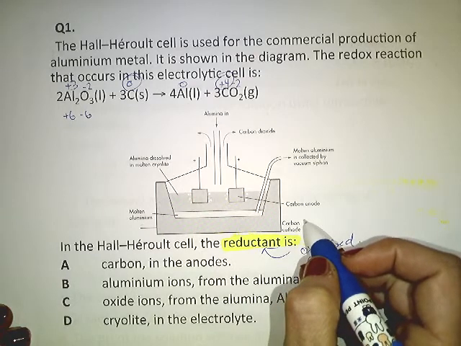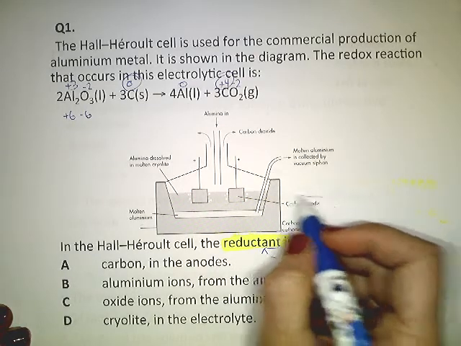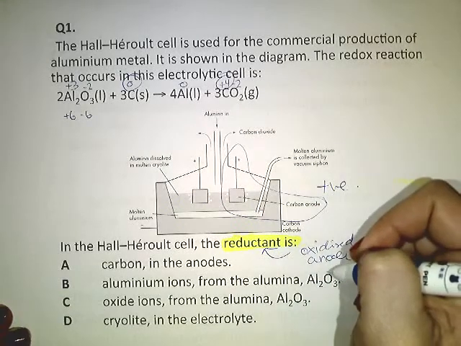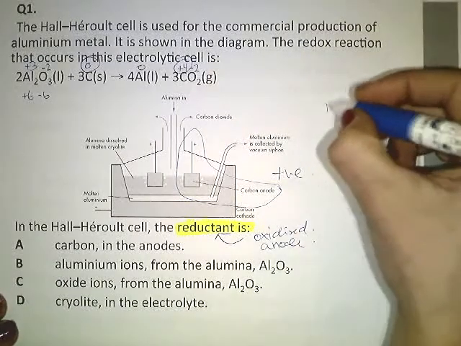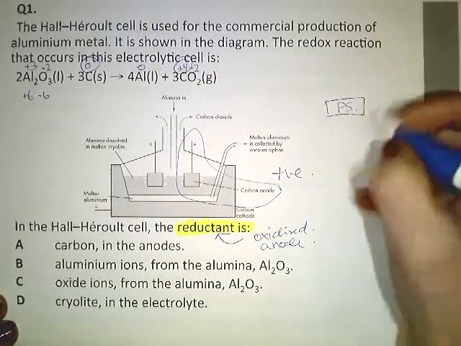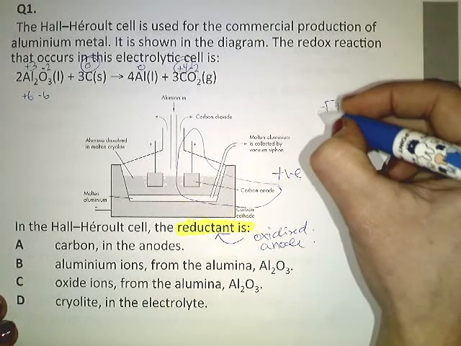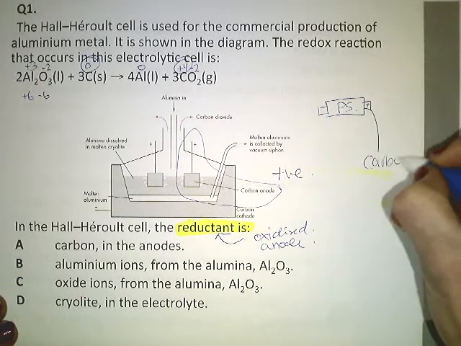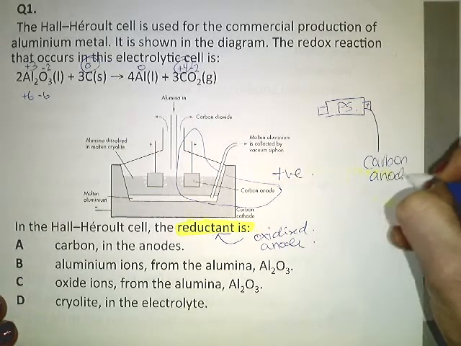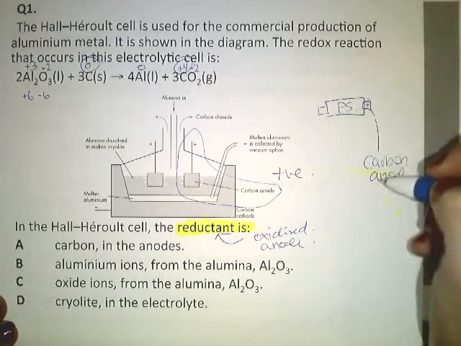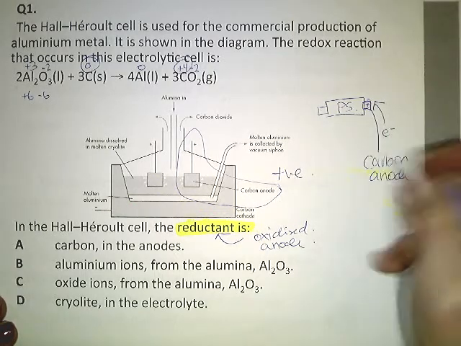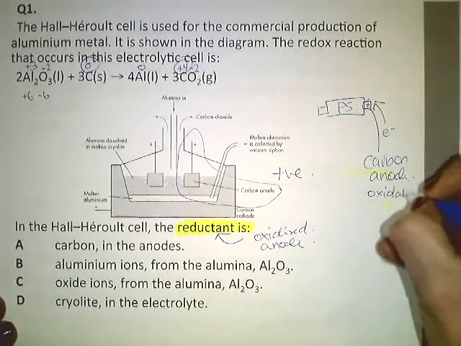Notice that the anode is positive. That is simply because when we put an electrolytic cell together, we get a power supply. Positive might be here. This is the carbon anode. The positive side of the power supply attracts electrons, so removes them from the anode, so oxidation can occur.